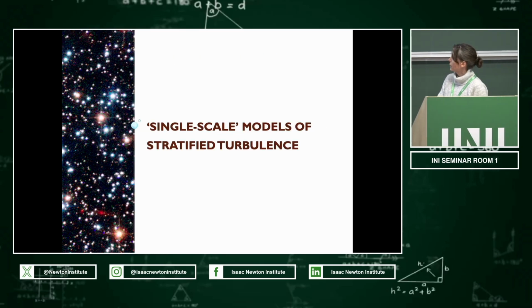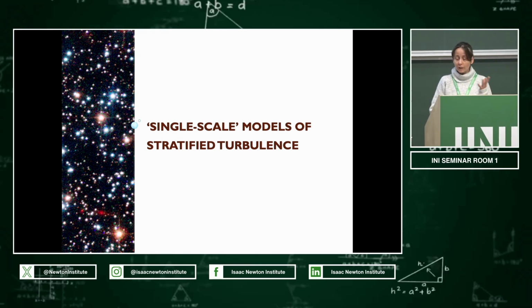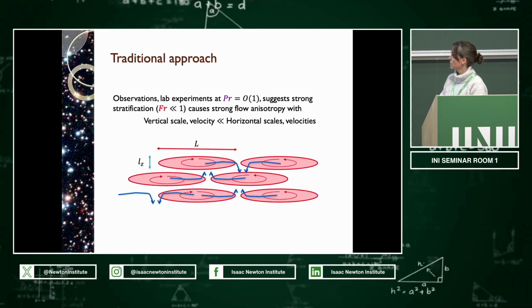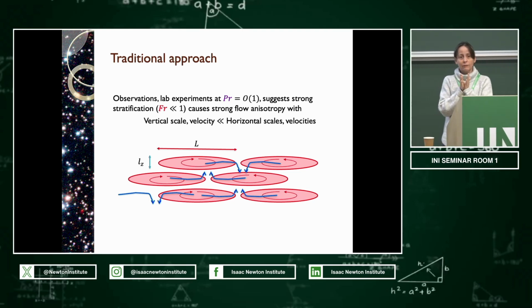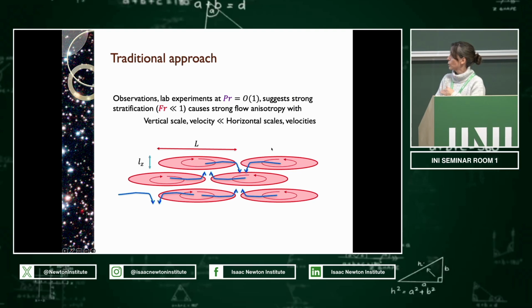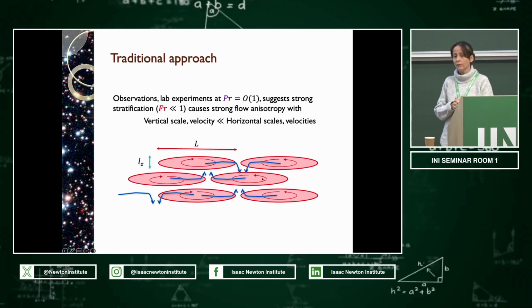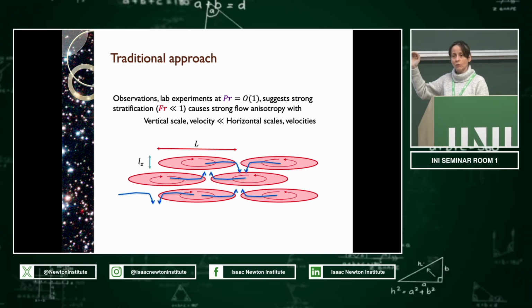So I'm going to start with the simplest case to explain how this asymptotic analysis might work. And this is not our work. This is work by others. The point is, at the basic level, if you assume that you have these very large horizontal scales that might be decoupled in the vertical, you can also assume that the vertical fluid motions are simply driven by the divergence of this horizontal flow.